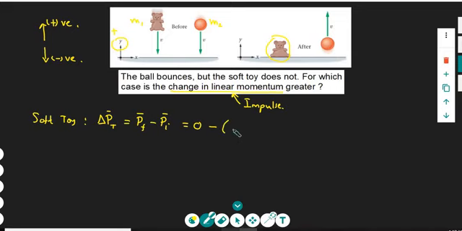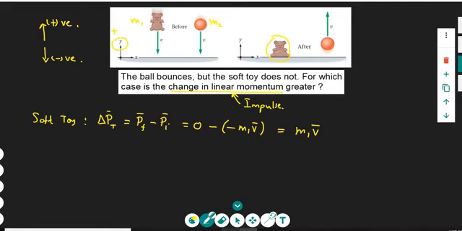So here I'm going to use parentheses. I'll put a minus sign, m1v, that gives me the initial linear momentum for the soft toy, and then you'll have the final answer as m1v bar, or that's the velocity.